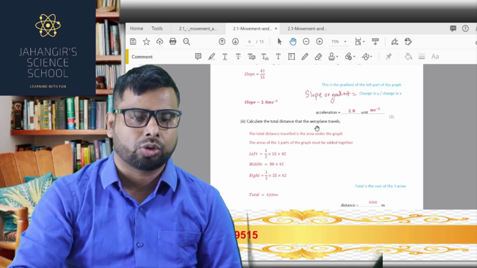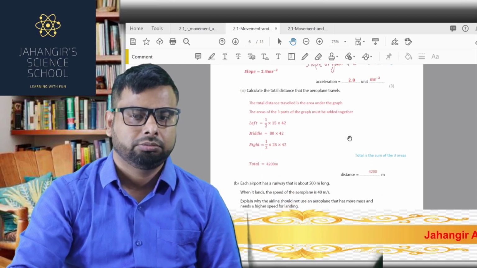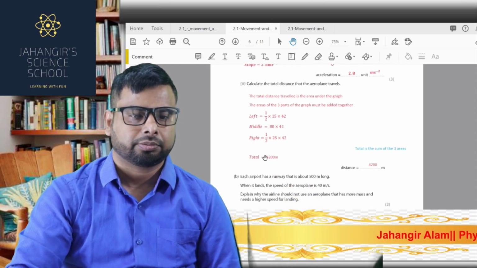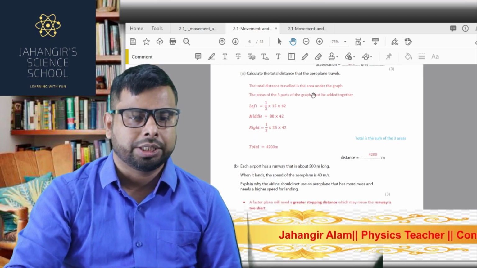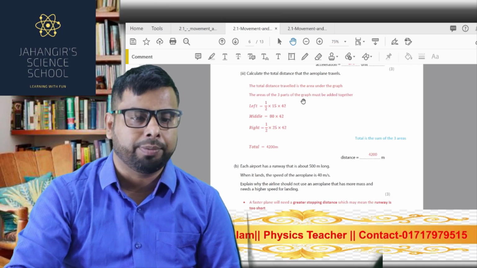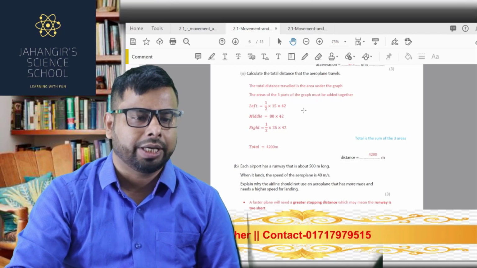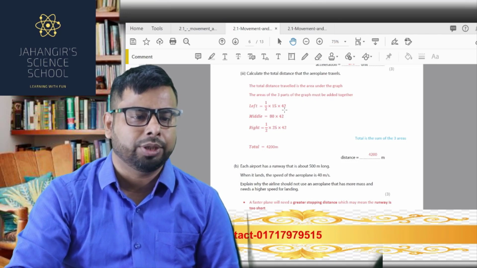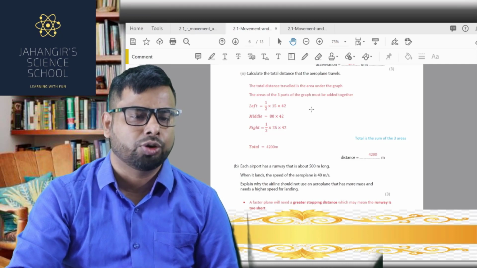Calculate the total distance that the aeroplane travels. Total distance traveled is the area under the line. The area of the three parts of the graph must be added together. Left side, it is a triangle, so half into base into height, half base 15 and height 42.